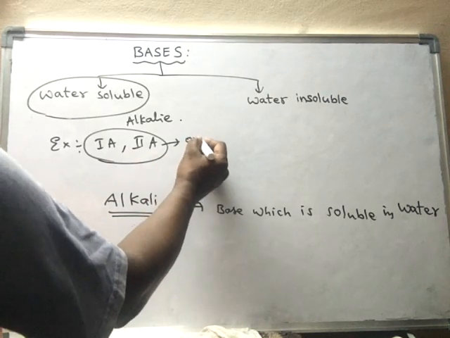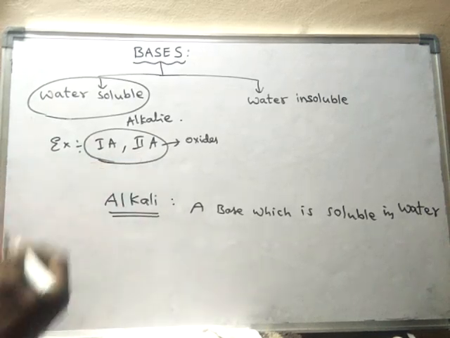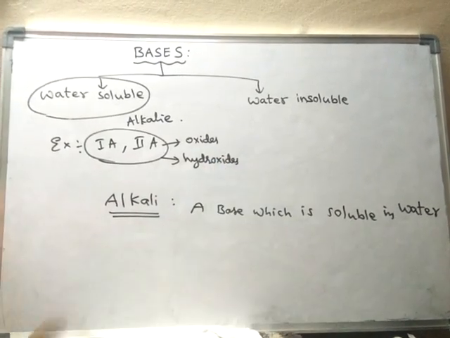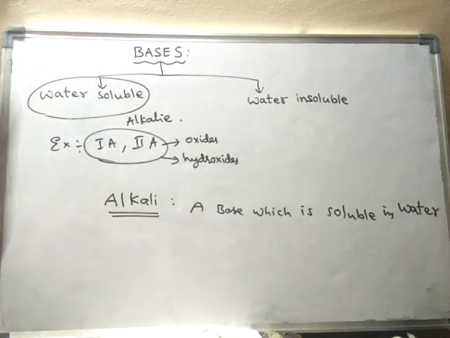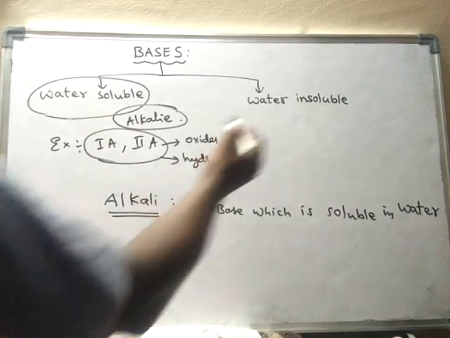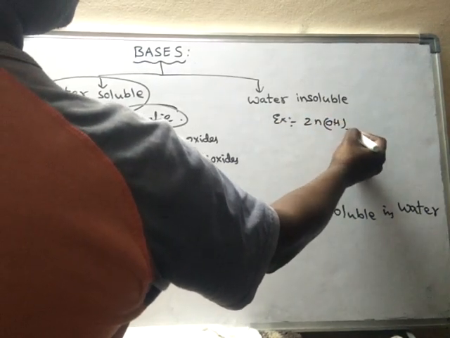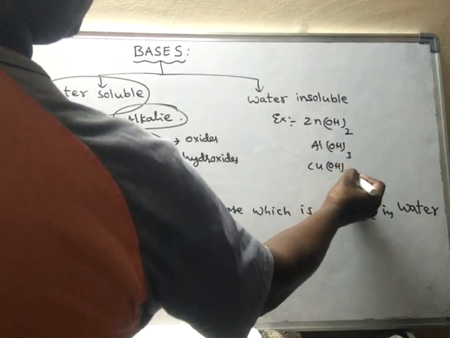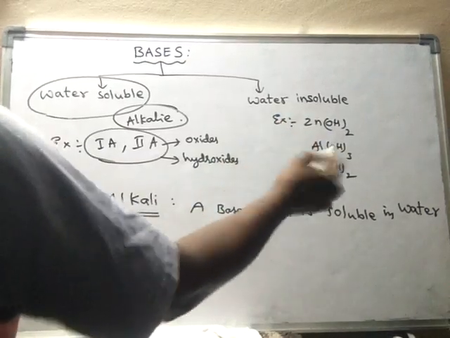So their oxides or hydroxides of first group elements or second group elements are water soluble and they are called as alkalis. Examples for the others: zinc hydroxide, aluminum hydroxide, copper hydroxide, etc. Such hydroxides are simply bases.